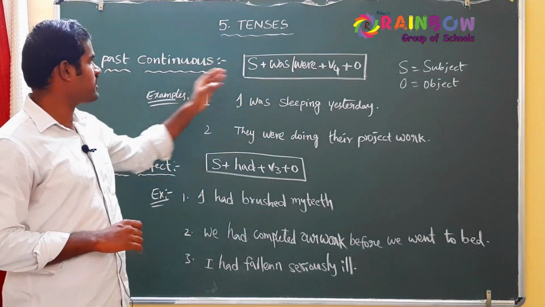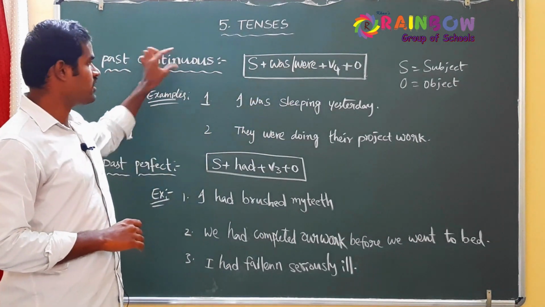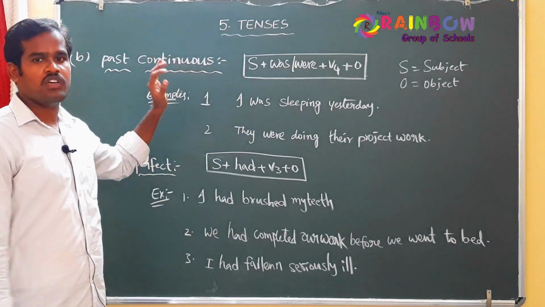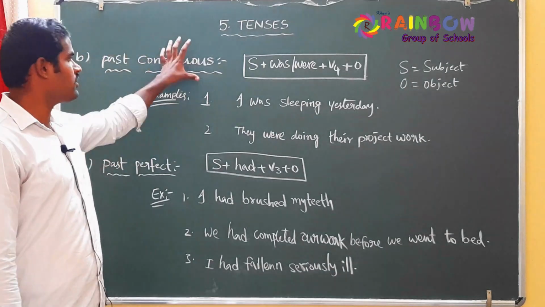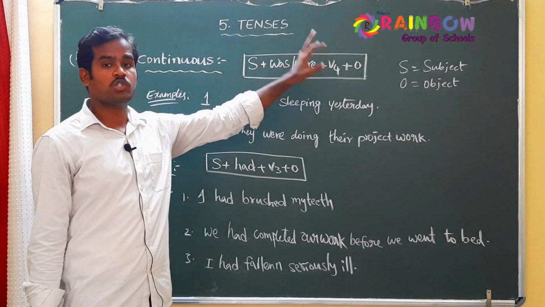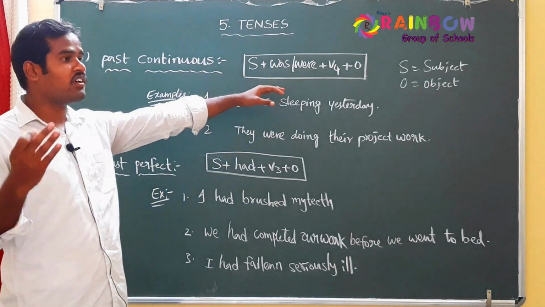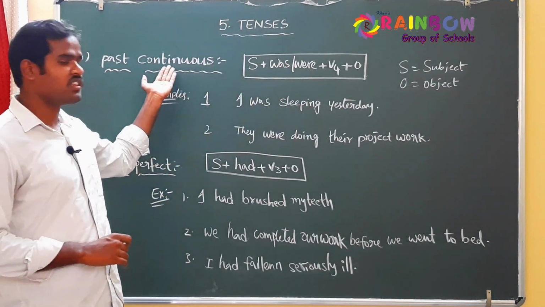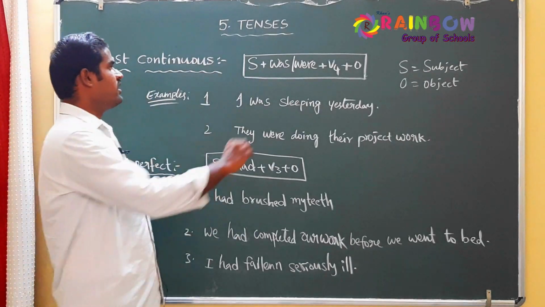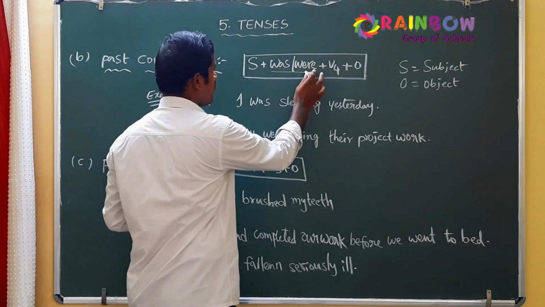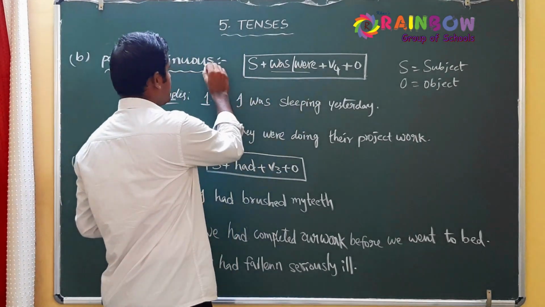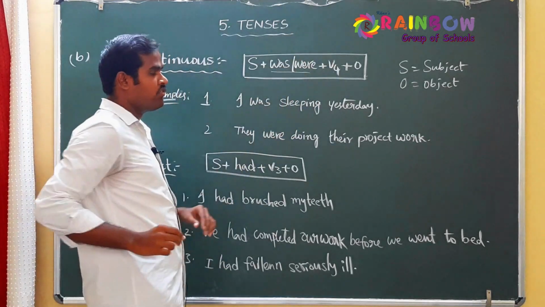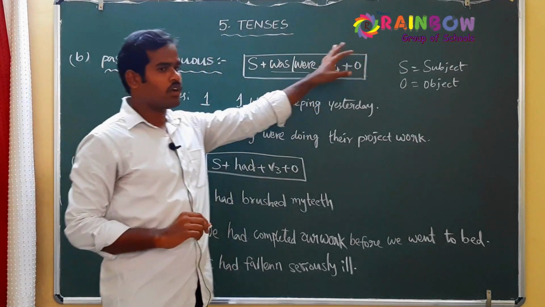We have to use past tense be forms, and the term continuous, as I already told many times, if you hear the term continuous, then the verb must be V4. No need to think which verb I should use, because you have to use only V4 after seeing the word continuous. So very simple: instead of am, is, are, we use was, were, and as it is continuous, I have written V4. Subject and objects are common.